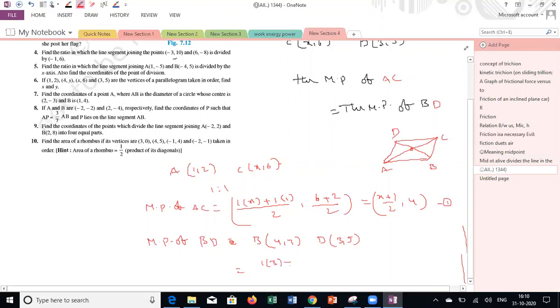So 1 into 3 plus 1 into 4 by 2, and 1 into 5 plus 1 into y by 2. What will you get if I compare both the expressions, because both represent the same point?